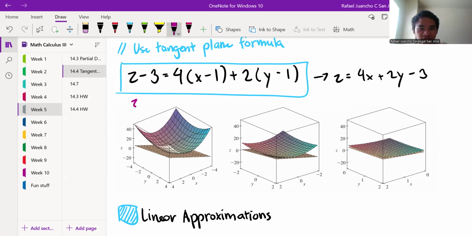Let me actually check if this is correct. This is 4x minus 4, 2y minus 2. This is 4x plus 2y minus 6. I put my z to the other side, I get negative 6 plus 3. Yeah, that's correct. So here they want it simplified.